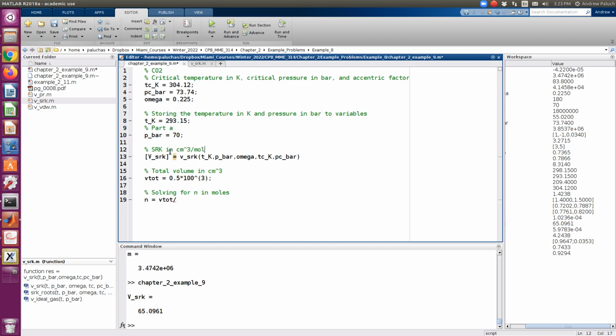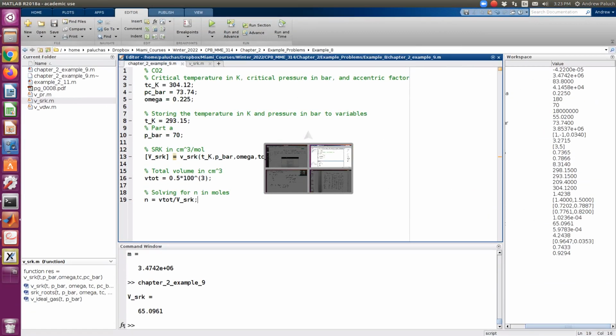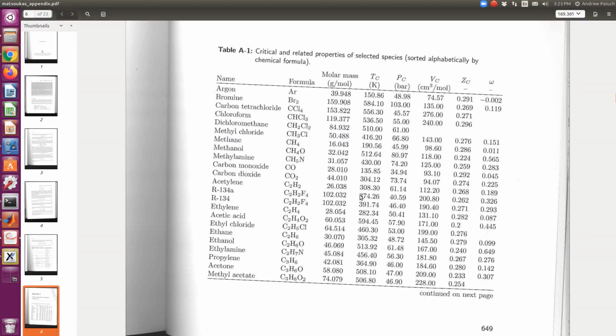My tablet gets touchy sometimes, it's sitting in front of me. So that'd be V total divided by V SRK, which I called it up there. That gets me the number of moles. Once I have the number of moles, I multiply by molecular weight. The molecular weight of carbon dioxide should be in the same table.